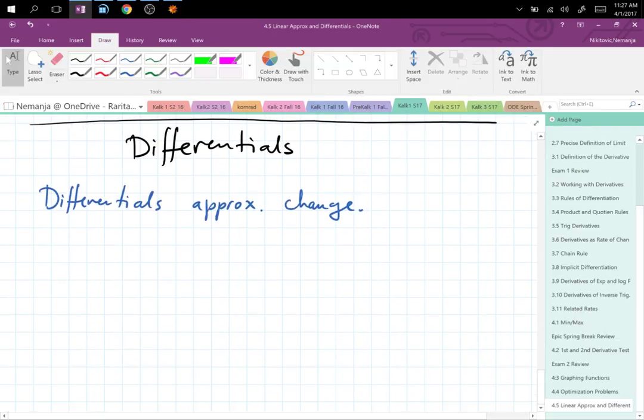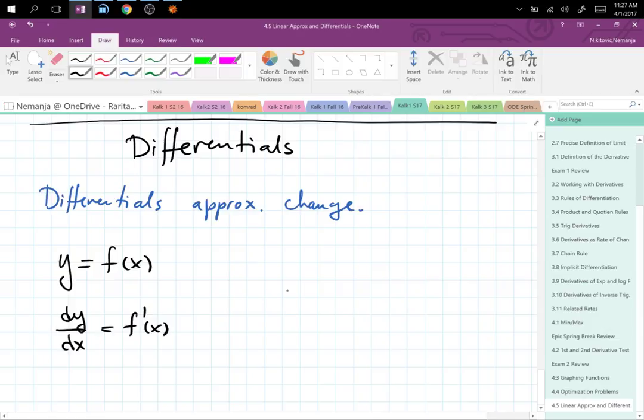Differentials will approximate change. It is very easy to derive the formula for differentials just by manipulating terms. You know how you say in pre-calculus that y is equal to f of x. When you differentiate this, you will get dy over dx is equal to f prime of x. We haven't done much, right?